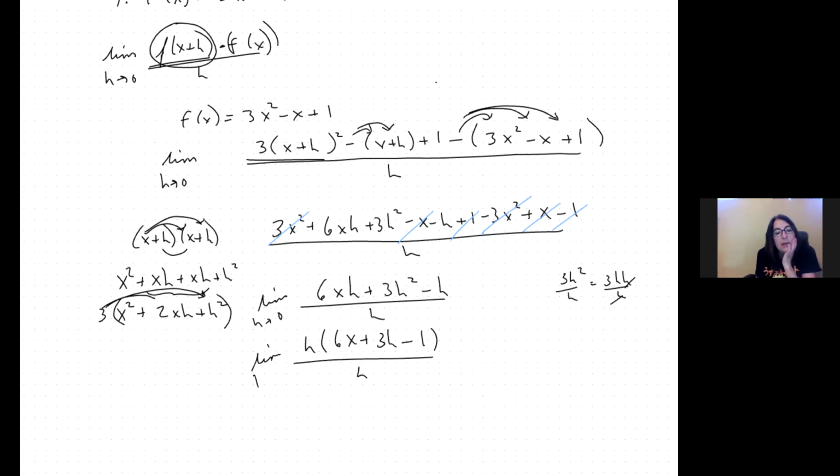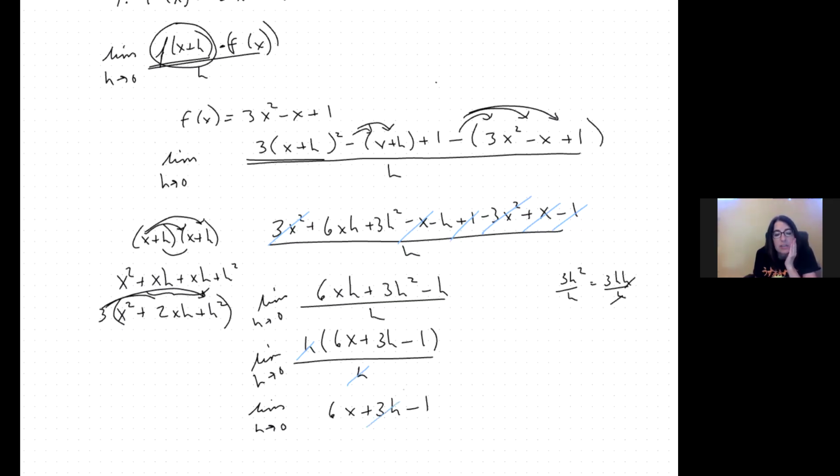Okay, so now these can cancel. And we're left with 6x. Now, since h is going to 0, that means that this term is going to 0 out.